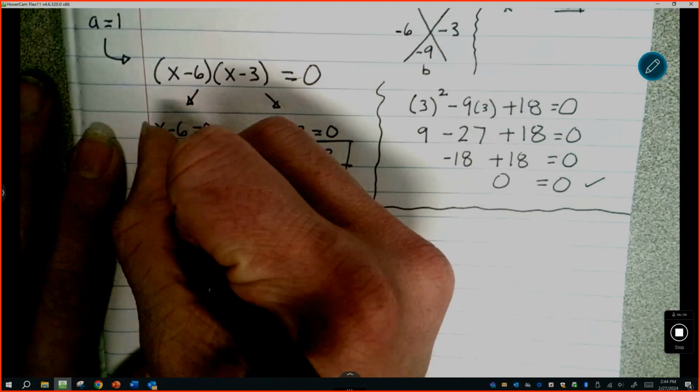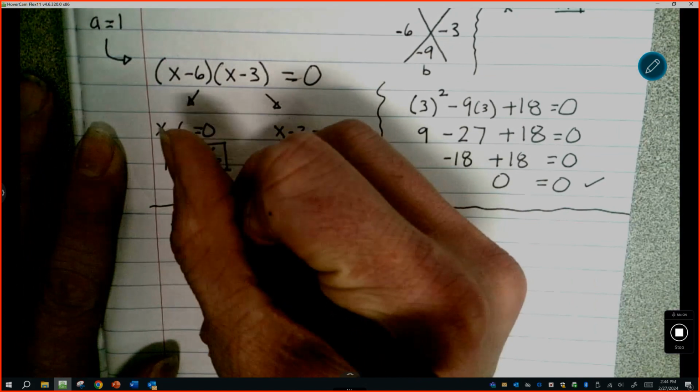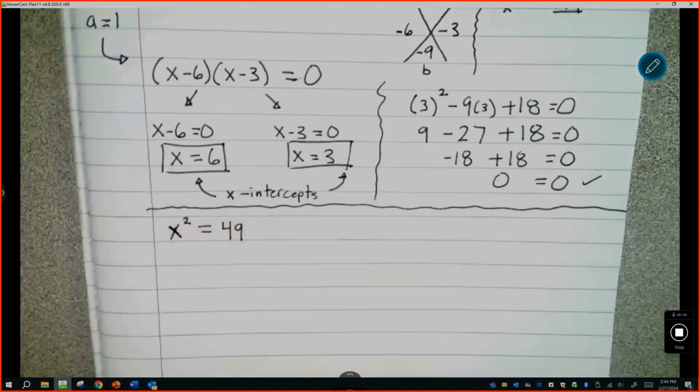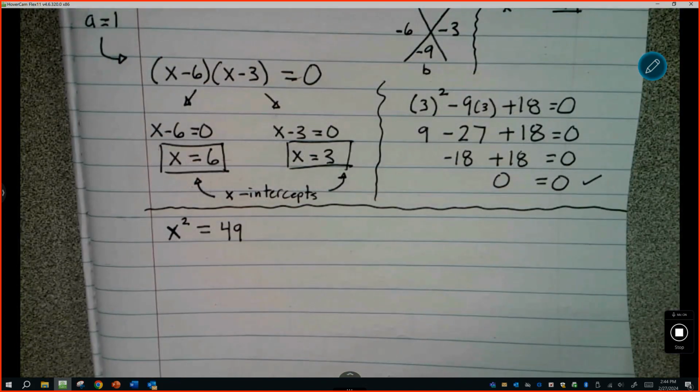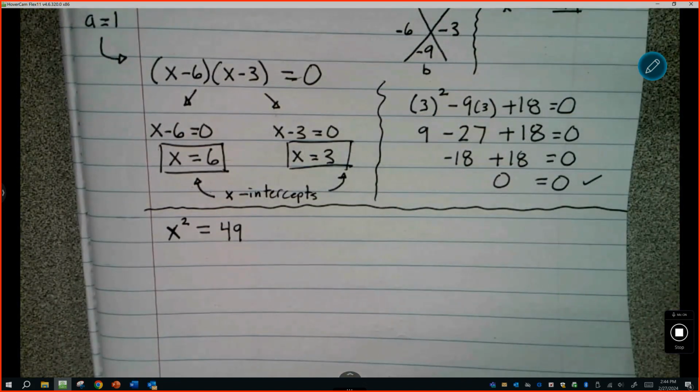So this time I'm going to set it up as x squared equals 49. My step 1 again says set the equation equal to 0. Is this equation set equal to 0? Is it written in a way where there's a 0 on one side? So what do I need to do to get this set equal to 0?